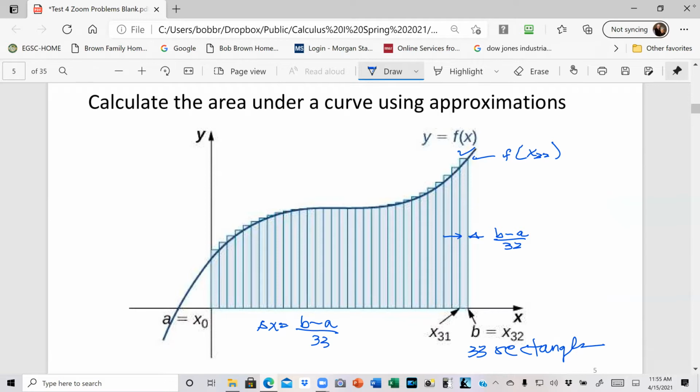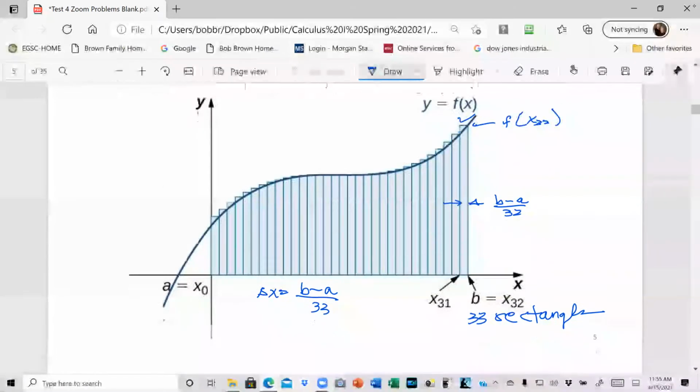Now, the good thing about calculus is we're going to see the fundamental theorem of calculus in a minute that will show us how to calculate exactly the area under the curve if we can calculate the antiderivative of the function.